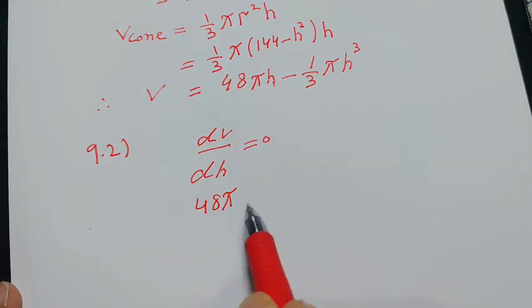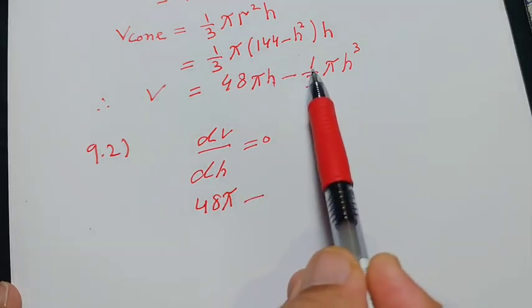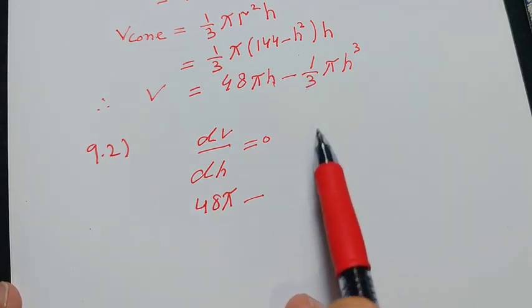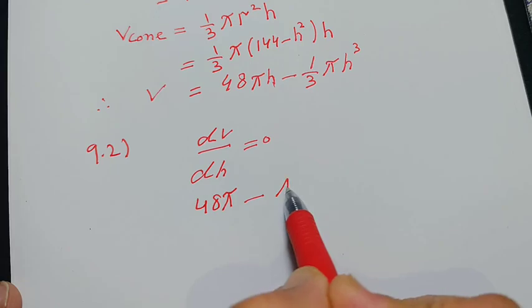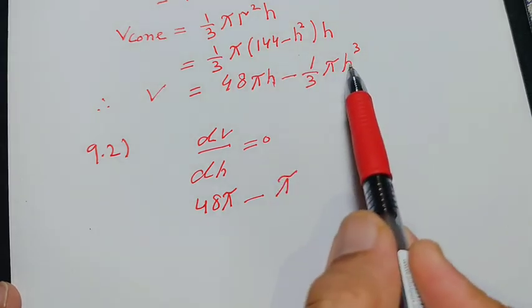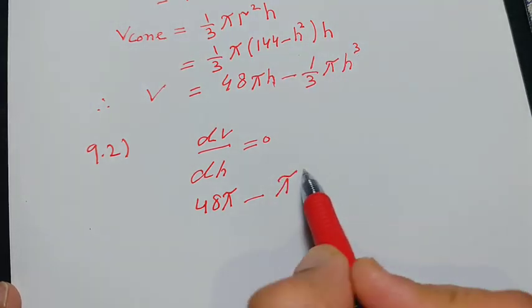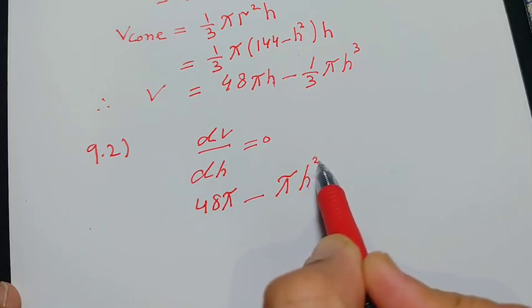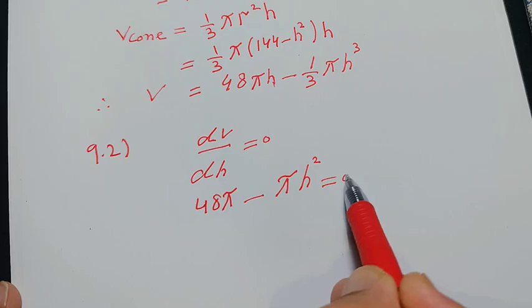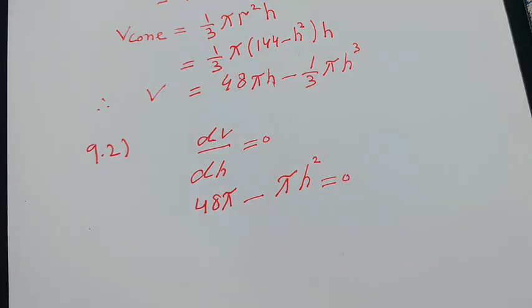Now minus, 3 multiplied by 1 over 3 is only going to be a 1. So it's going to be pi, and 3 minus 1 is 2, so h power 2 is equal to 0. So this is where I apply the derivative.